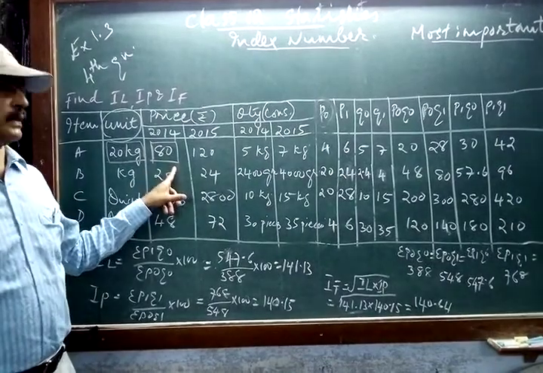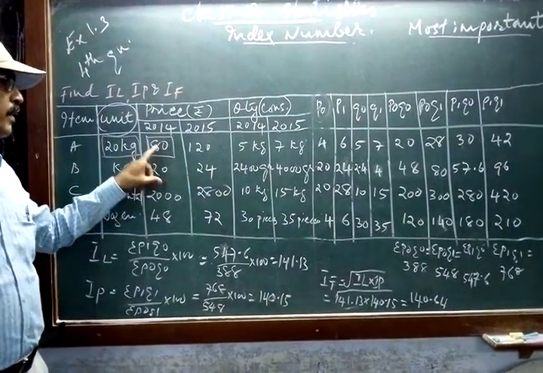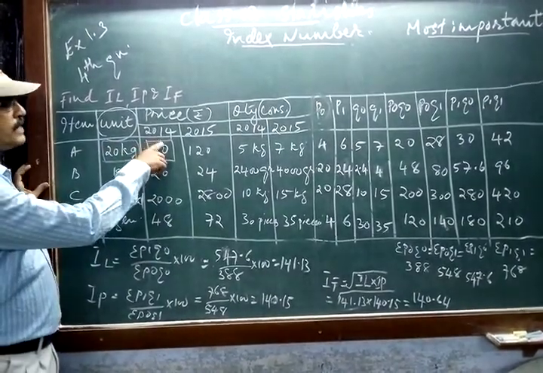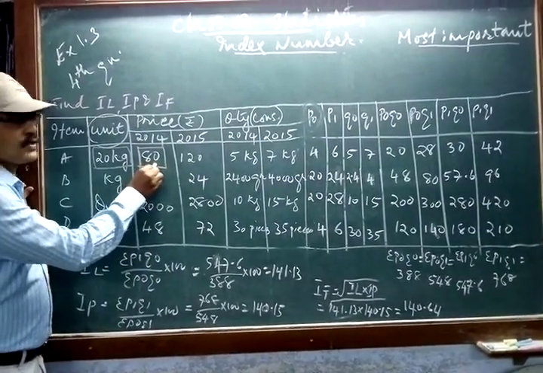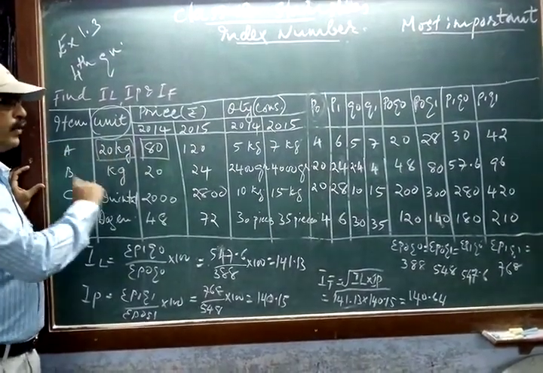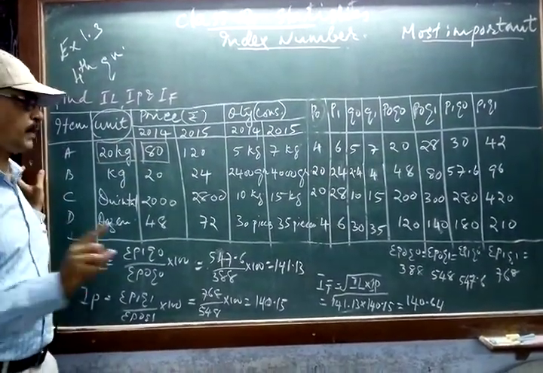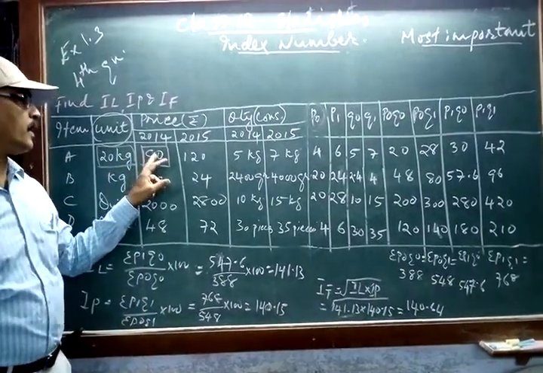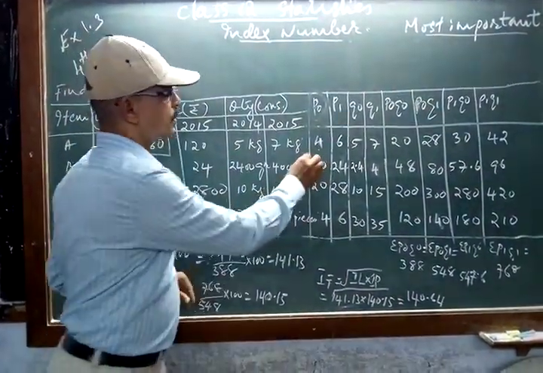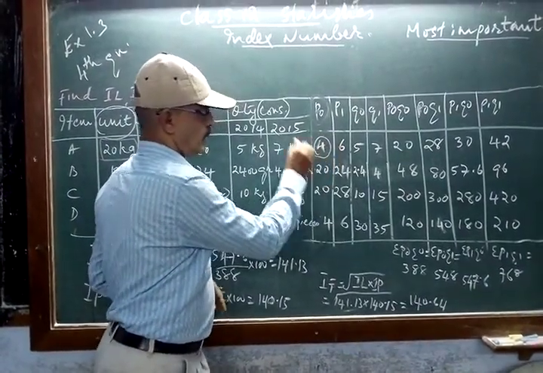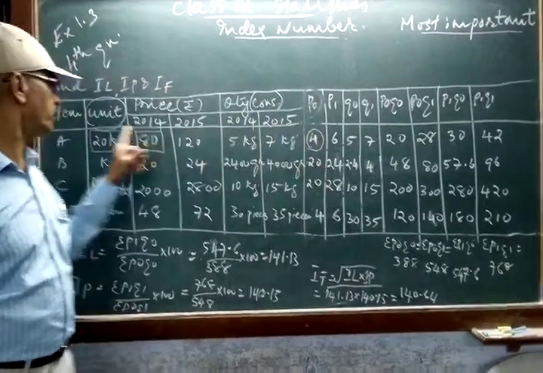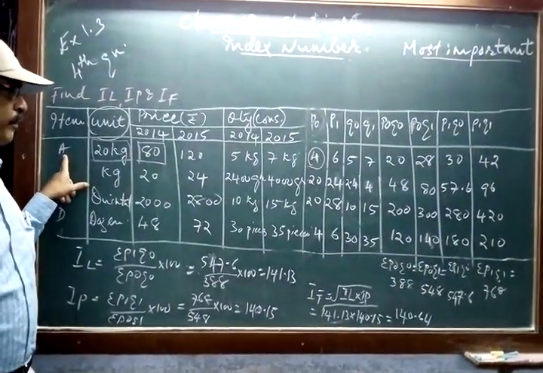That you have to bear in mind. So, how to find P0, the base year price? It is not 80 rupees; we have to find the basic price. Base price is 80 divided by 20, which is equal to 4. So P0 is 4 rupees for item A.